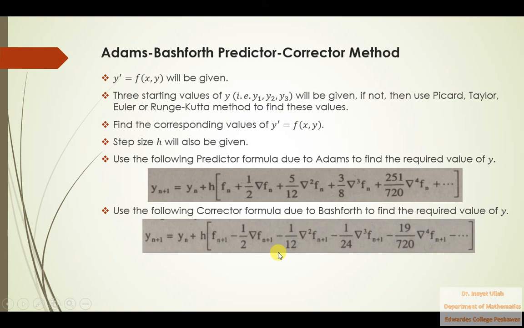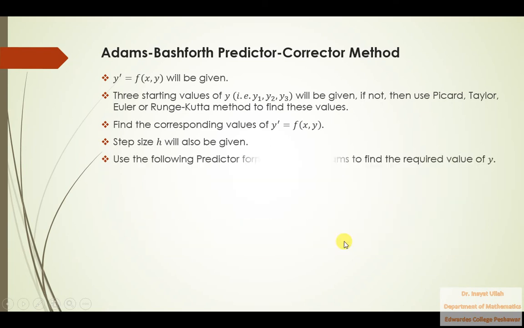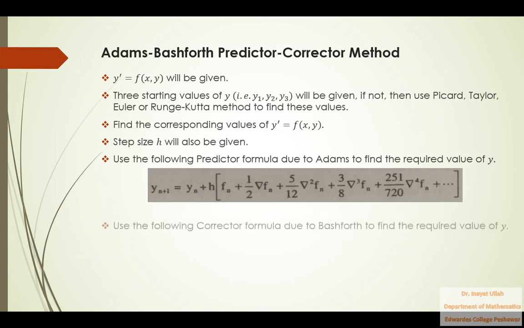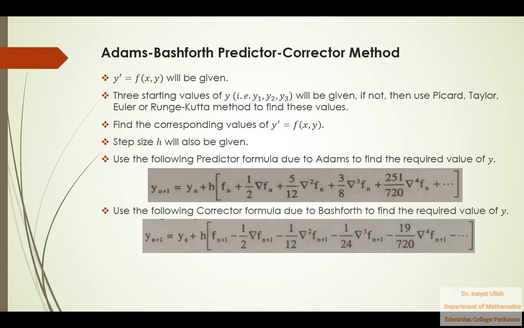And the third one is these two coefficients are the same. We see that the difference here is that this is 3 by 8, and this is 1 by 24, and this is 251 by 720, and this is 19 by 720.